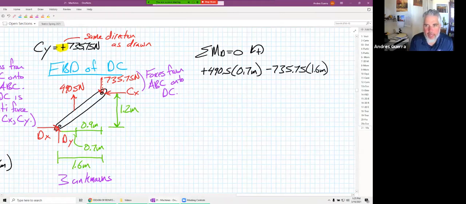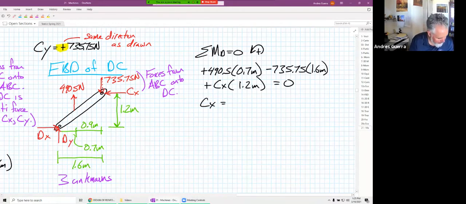And we will have a positive CX times 1.2 meters. So there's everything that's causing a moment about D. We need to set that equal to 0. And we can solve, and we're going to find that CX is equal to a positive number, 694.88 newtons.